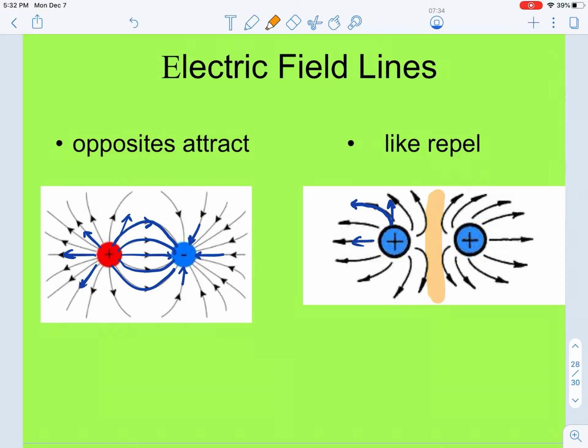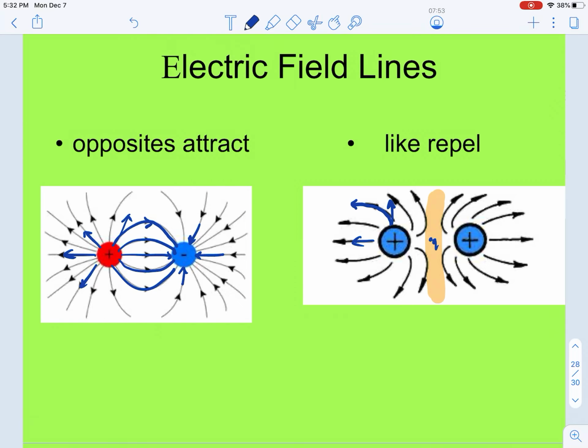And so as a result, what we end up seeing is right here, there is actually an area where there are no electric field lines. So I want you to understand that the field lines represent the area that these charges would have an effect on some other electrically charged particle.